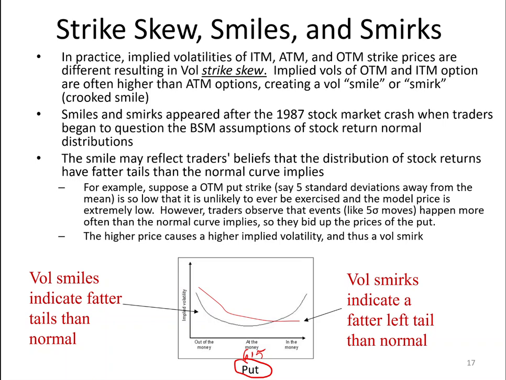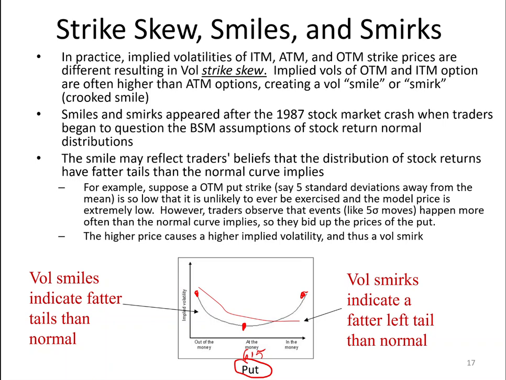According to Black-Scholes, that should be a straight line, because you're talking about the volatility of the underlying asset, not the volatility of the actual option. In practice, however, you wind up with a different implied volatility for different strikes.